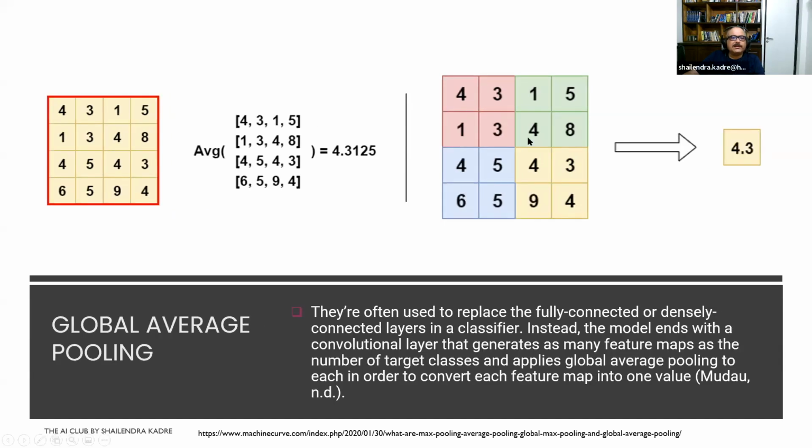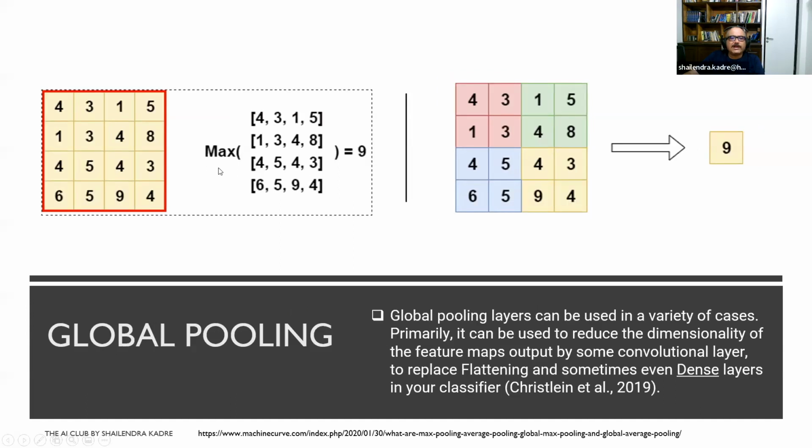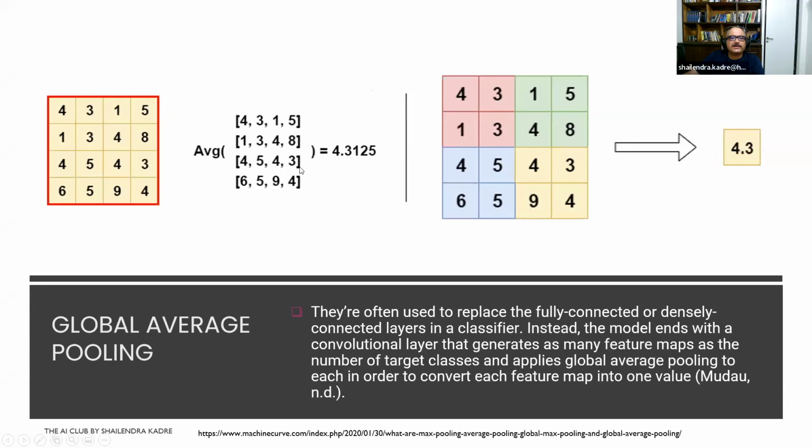Then another is a very simple concept. Instead of taking the max here in global pooling, here we are taking the average. The average of all the matrix values we are taking, so average is 4.3 here. Okay.